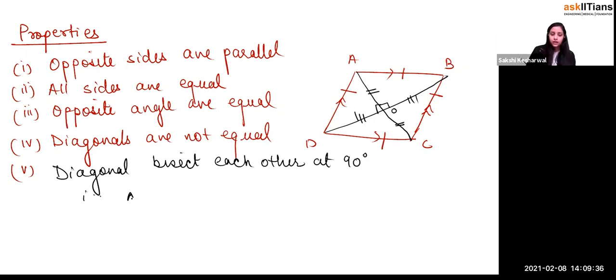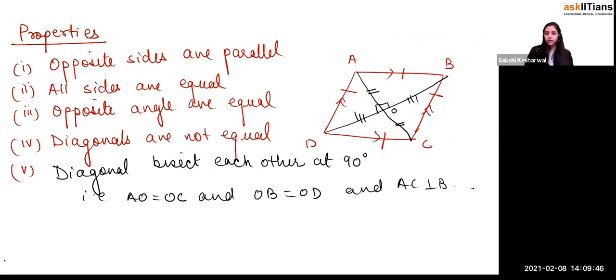That is, AO equals OC and OB equals OD, and AC is perpendicular to BD. So these are the properties.